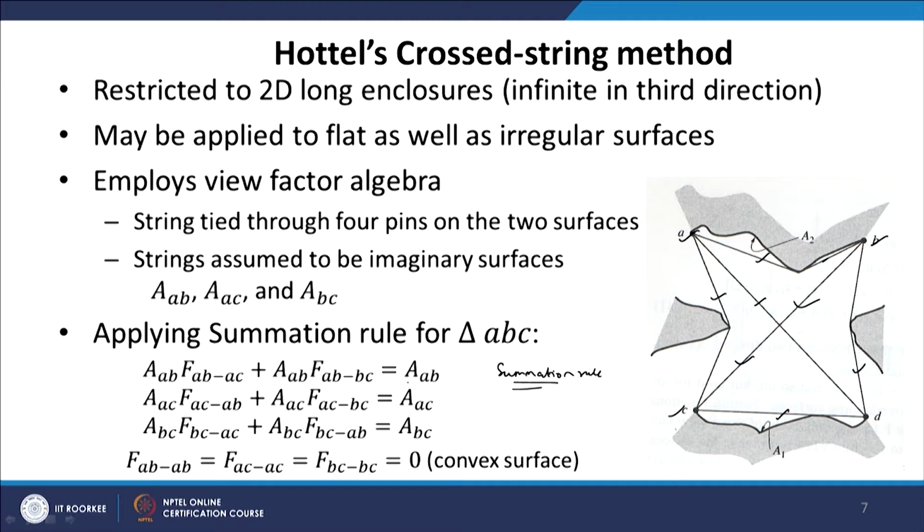Okay. We have multiplied by area AB throughout. Okay. F_AB to AB is 0 because the surfaces are convex. Okay. So, F_AB to AB is equal to 0. So, we have applied the summation rule here. Similarly, we apply the summation rule to surface AC and surface BC. Okay. So, we get 3 equations by applying the summation rule to the 3 sides of the triangle ABC.